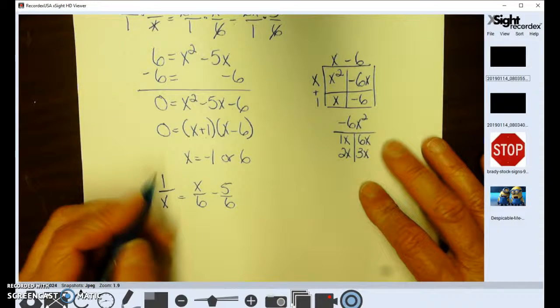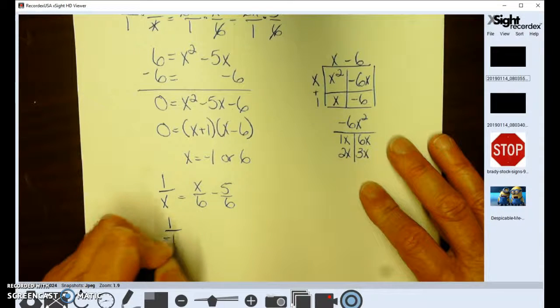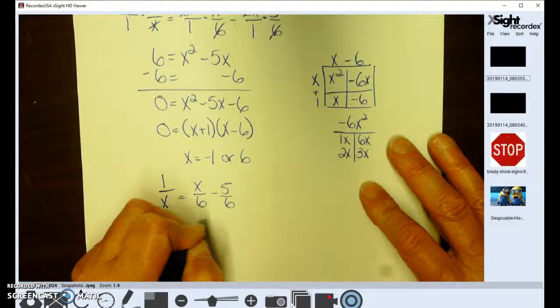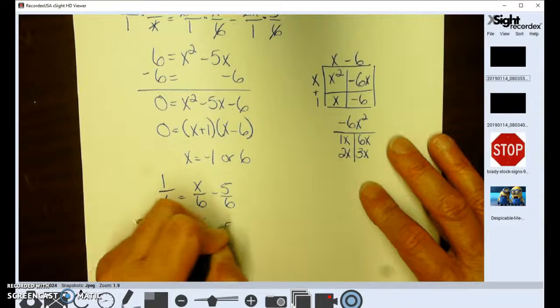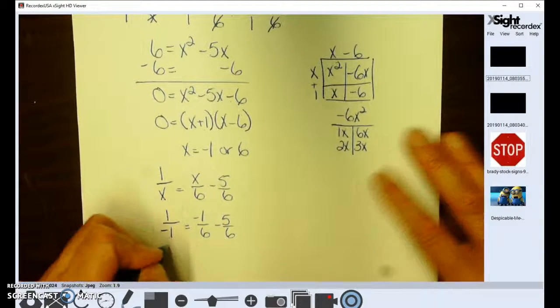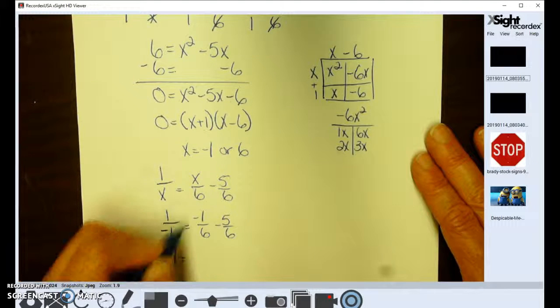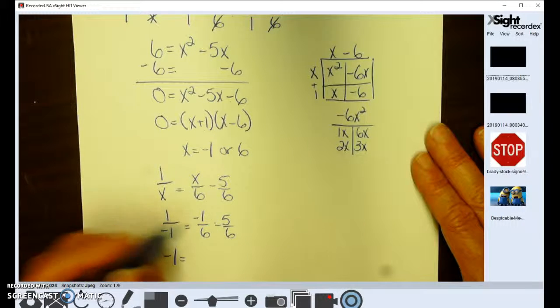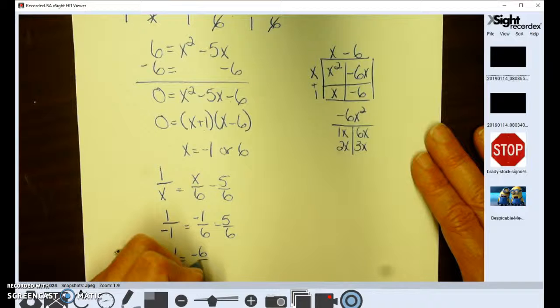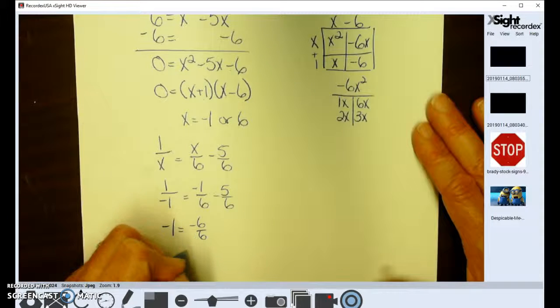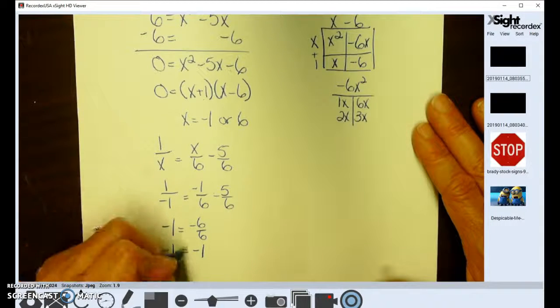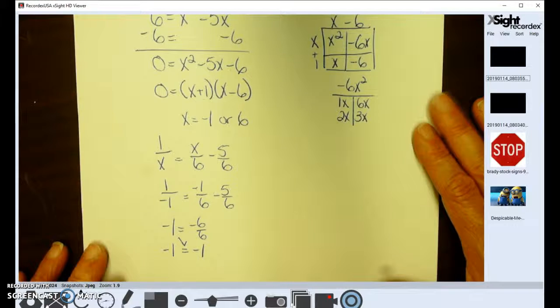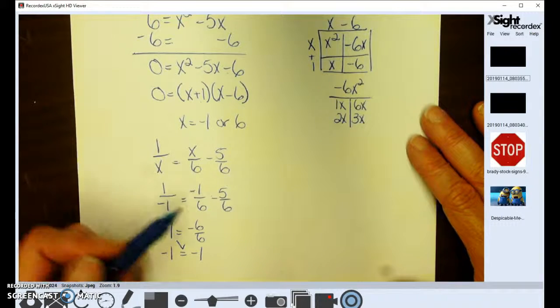So we'll plug in negative 1 first. So I get 1 over negative 1 equals negative 1 over 6 minus 5 over 6. So this gives me negative 1. Negative 1/6 minus 5 more gives me negative 6/6, which is just equal to negative 1. So that one works. Now let's check 6.